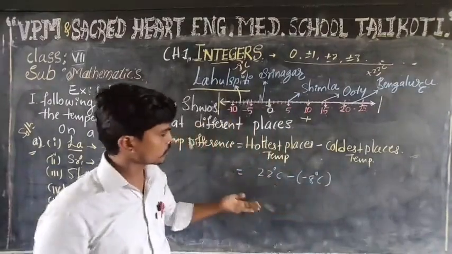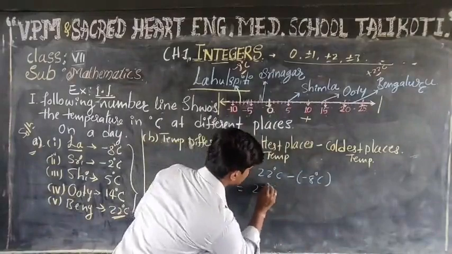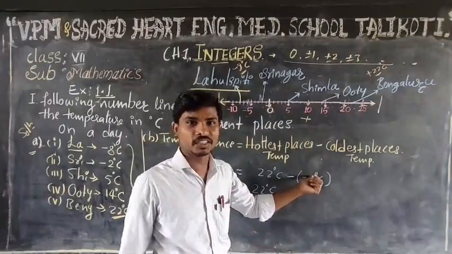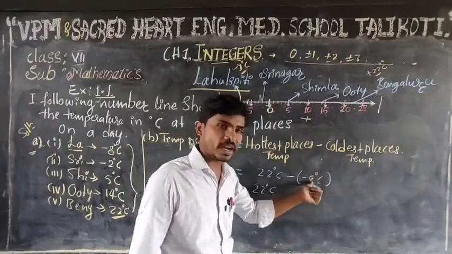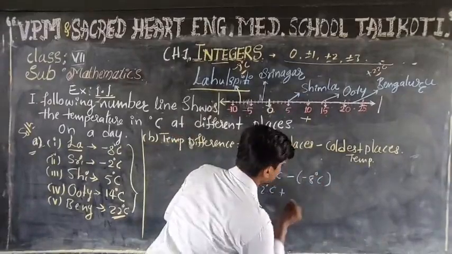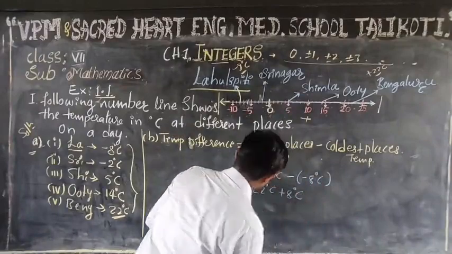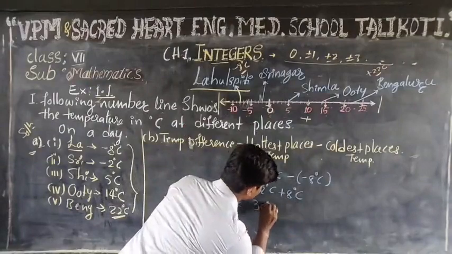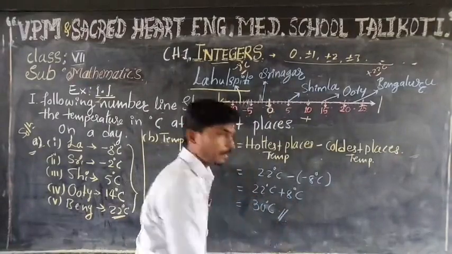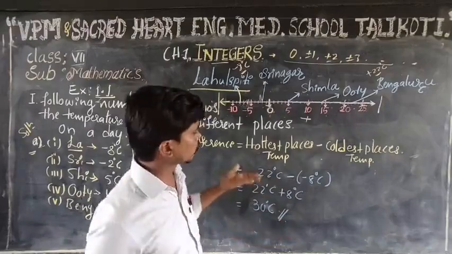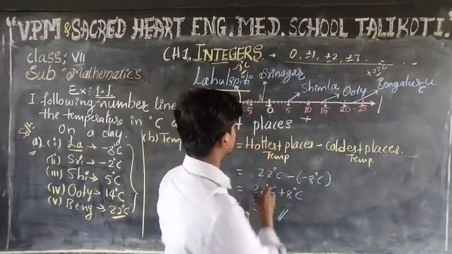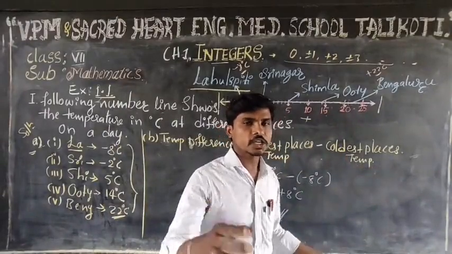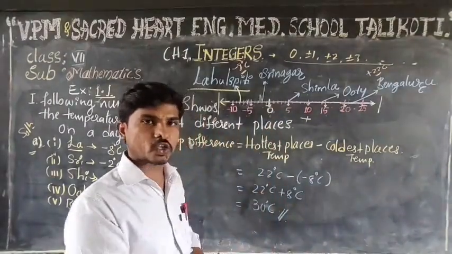Yes students, to simplify, 22 degrees Celsius as it is, minus into minus is addition, as we studied, so plus 8 degrees Celsius. Now 22 plus 8 is 30 degrees Celsius. This is the temperature difference between the hottest place and the coldest place. Just friends, make this as a copy.